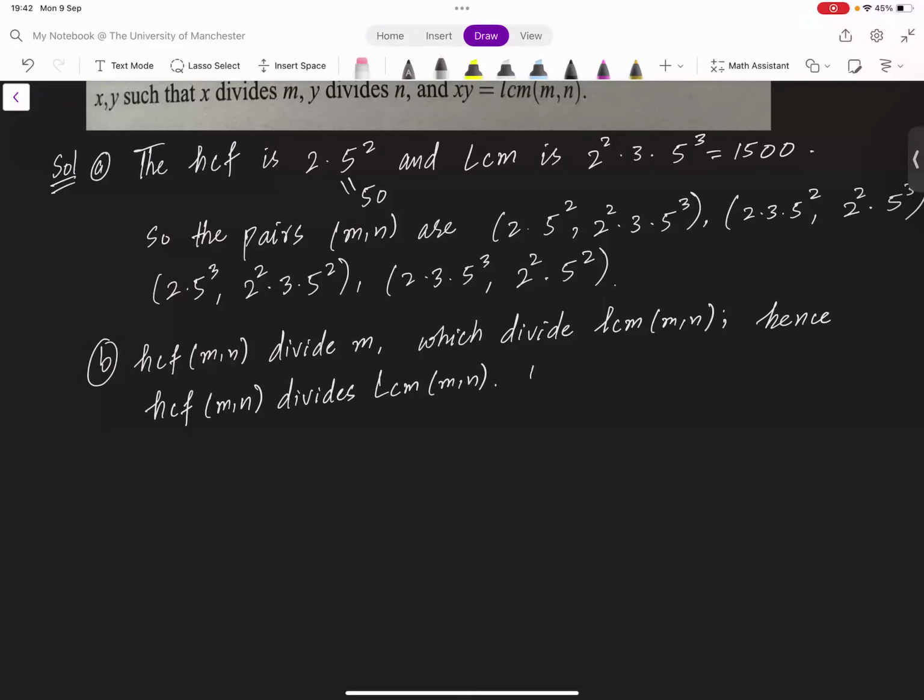They are equal when simply you can say m is n.